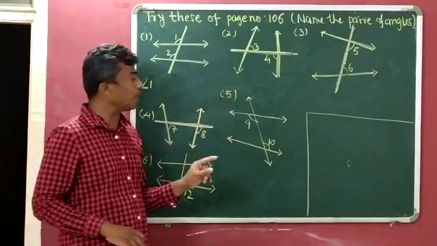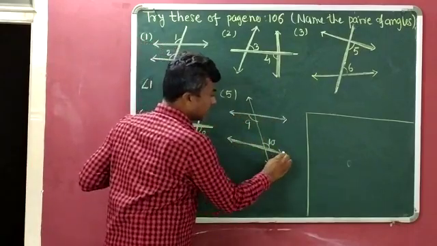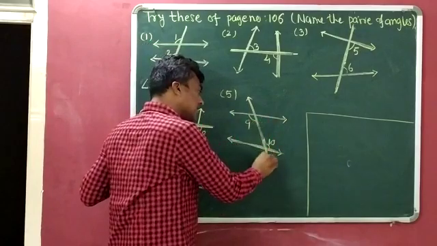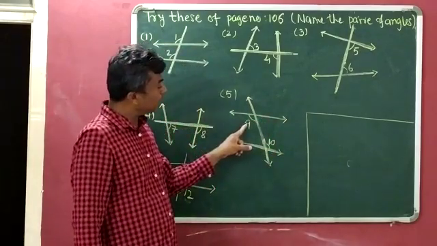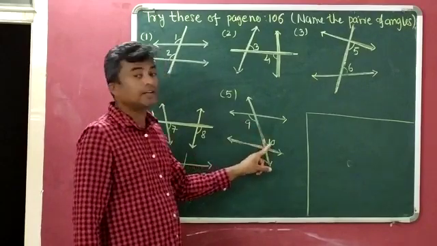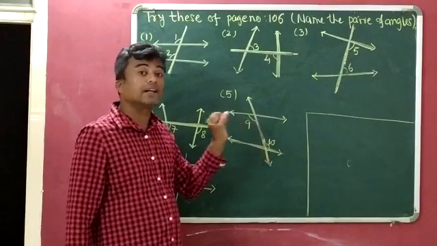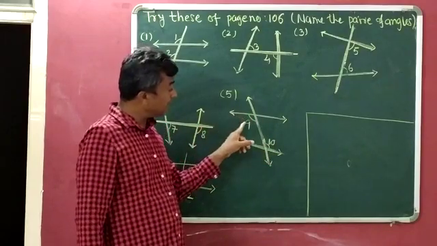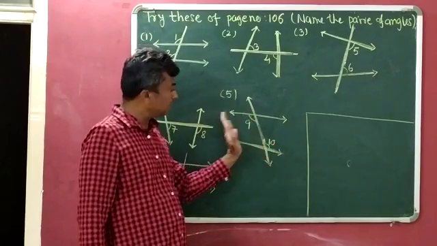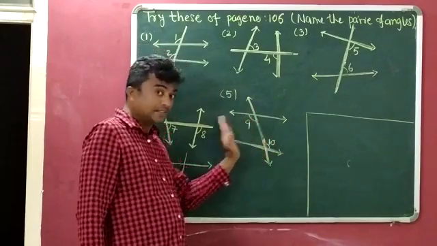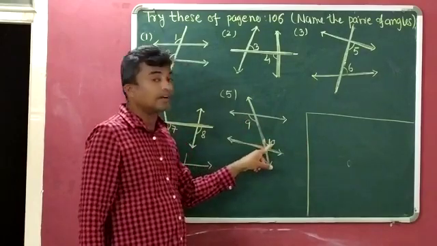Now question number 5. These two lines are given to us, and this is the transversal. We have to identify the name of the pair of angle 9 and angle 10.